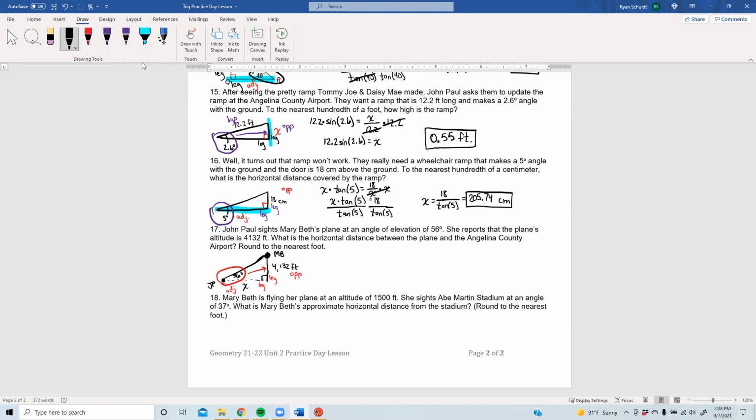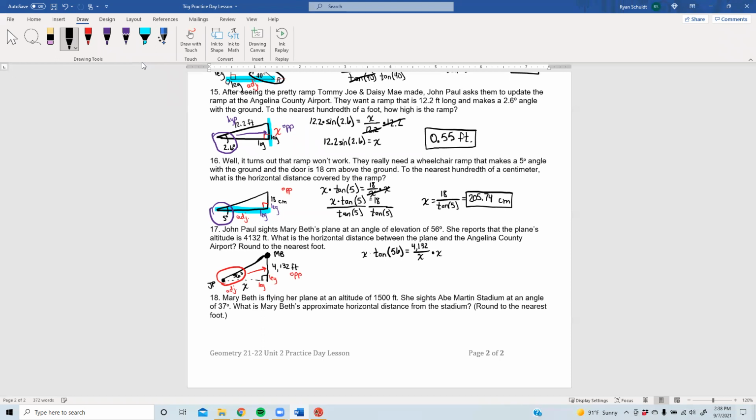So that means we're going to do the tangent of 56 degrees. It's going to be 4,132 over x. Okay, so solve for x.